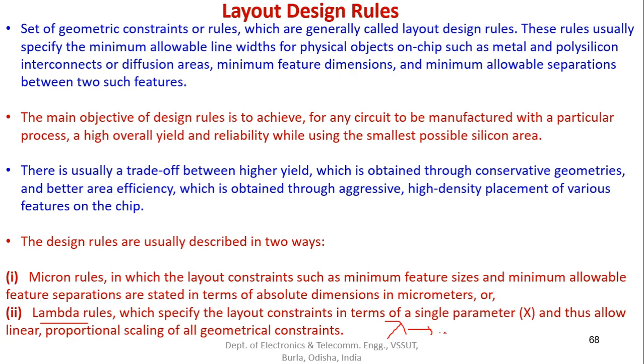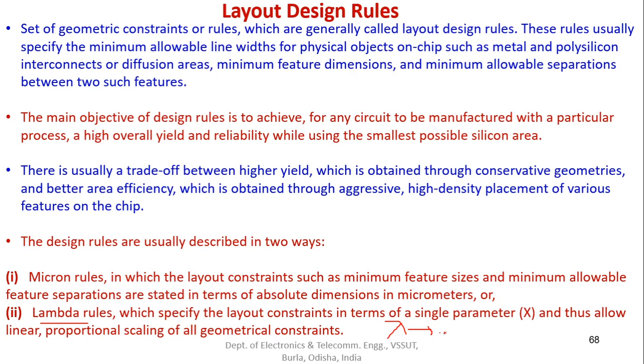Let's say lambda is 1 nanometer, and some required separation is 6 nanometer. Then that will not be written as 6 nanometer, but rather in terms of lambda it will become 6 lambda.